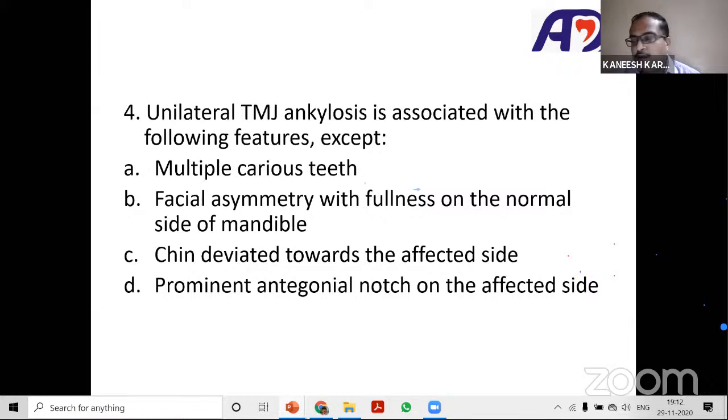This is again to do something with your muscle movement, lateral pterygoid. Yes, it is C. Okay.